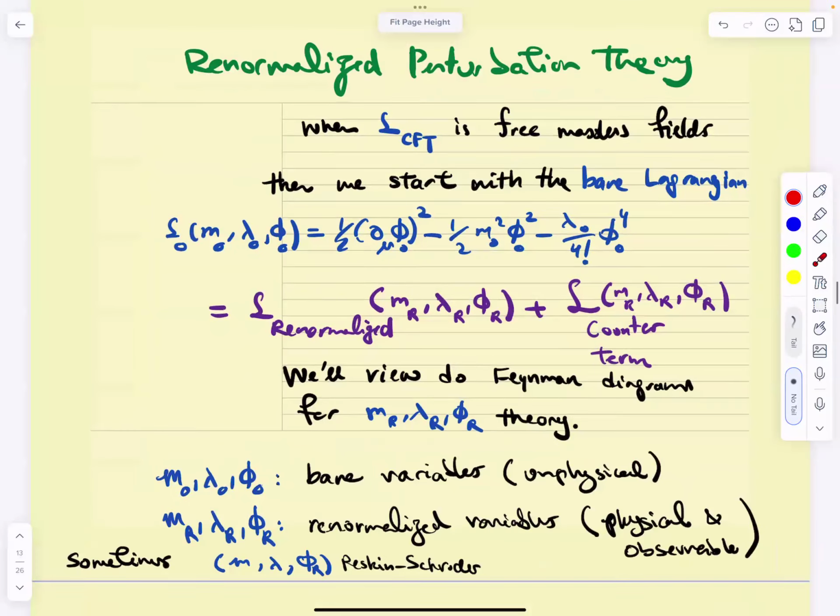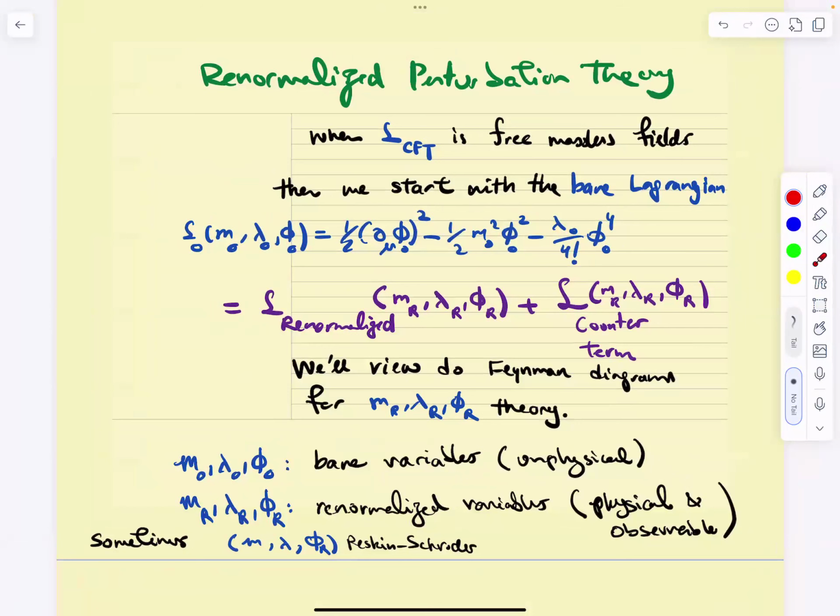All right. Renormalized perturbation theory. What I'm going to say today, in the 25 minutes that I have, is trying really hard to simplify the principle. There's a very, very simple principle at work.